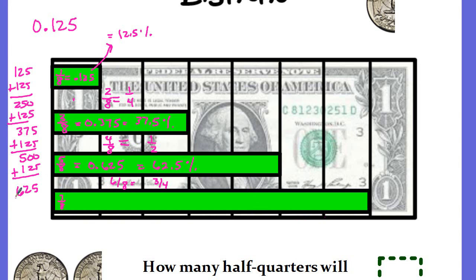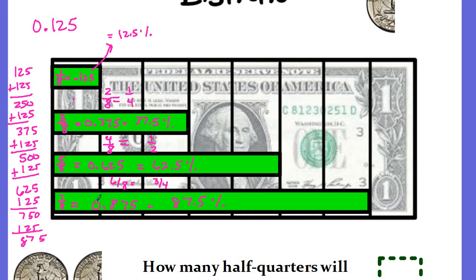So if I come back over here, add 125, that's going to give me 750. So let's add another 125. We get 875 thousandths, or as a percent, 87.5%.